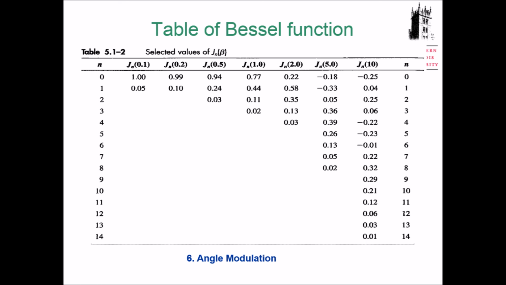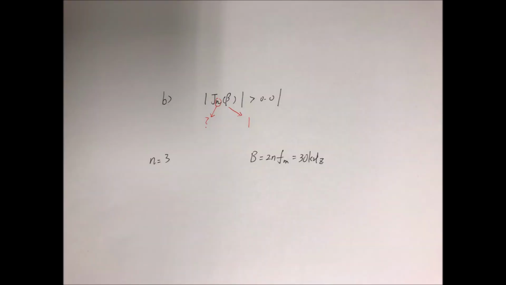Beta is 1. We look over here. Carrier 0.77, so above threshold. First sideband 0.44, my amplitude is 0.44, above threshold. Second sideband 0.11, above threshold.